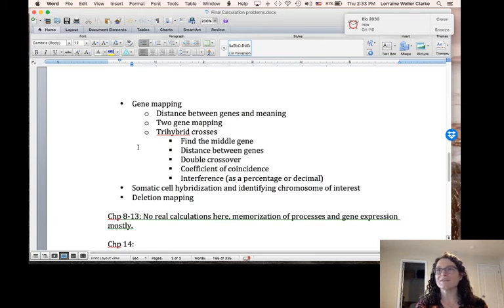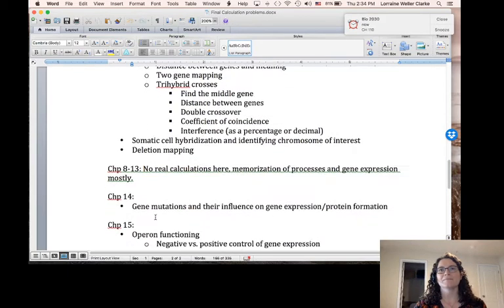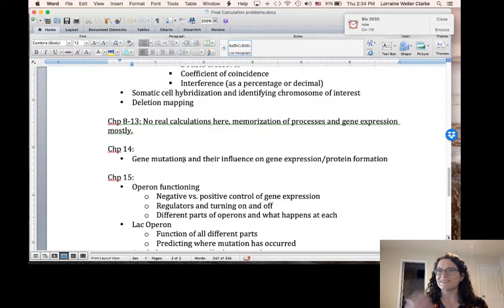8 talks a little bit about bacterial genetics, and all we covered there was kind of the setup for understanding horizontal and vertical transfer and such, and how horizontal transfer can be used for chapter 17, biotech. Chapter 14, again, not much there, understanding gene mutations and what it does to proteins, but that's the only sort of calculation piece there.